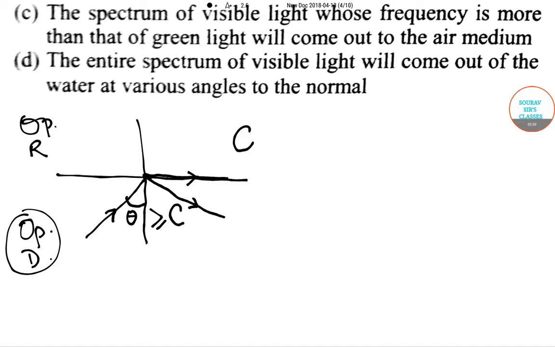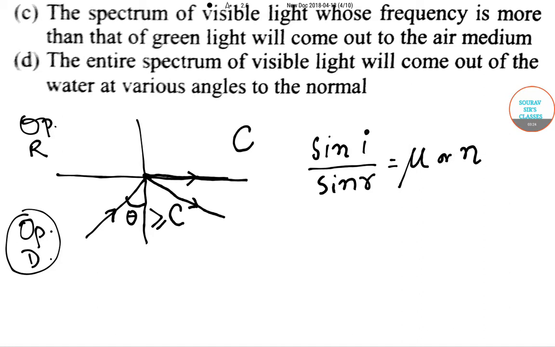From Snell's law, we already know that sin I divided by sin R is equal to mu or n.